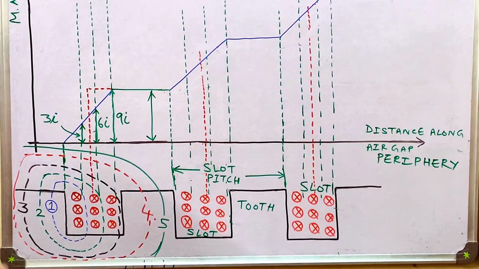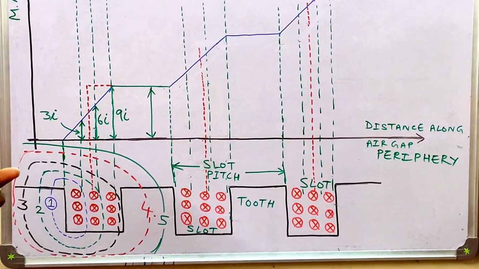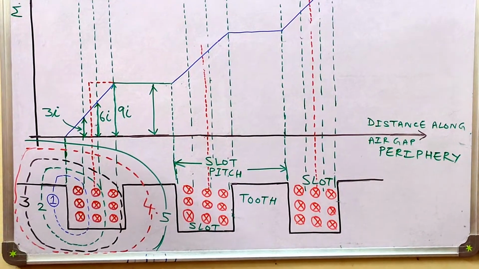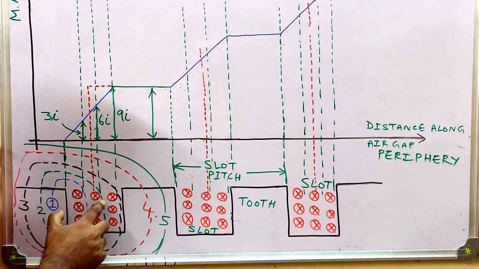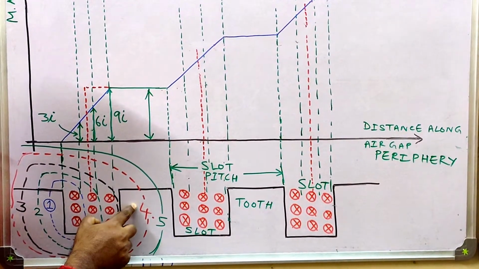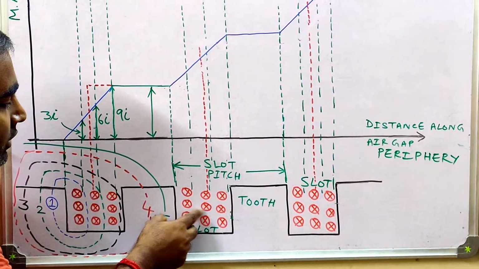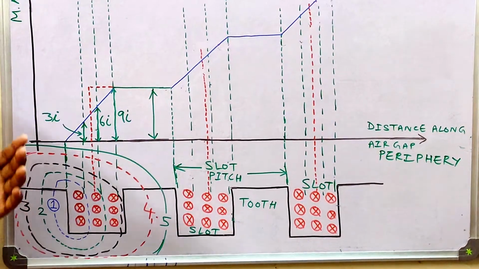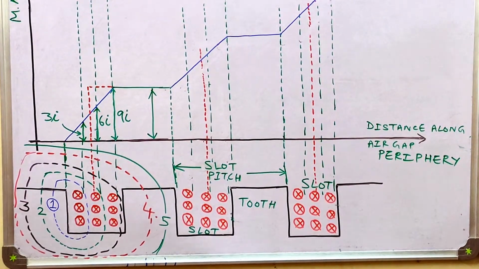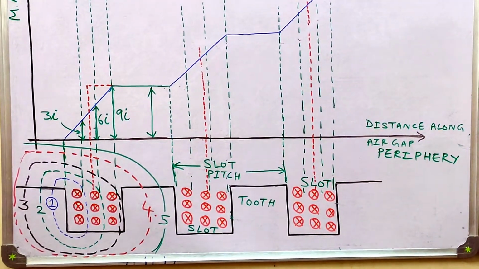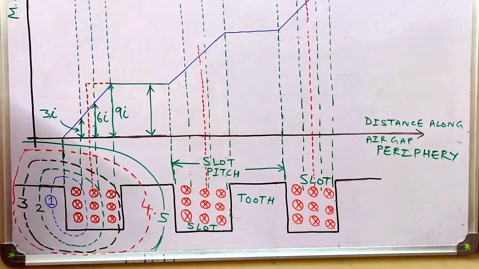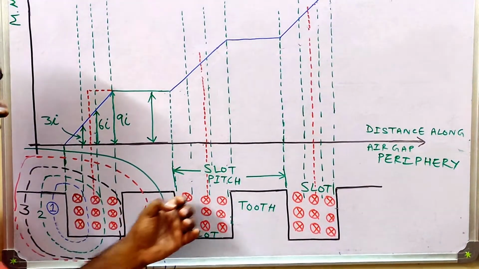But if an observer moves along that air gap periphery, he will see that he is encountering a slot of the rotor, then a tooth of the rotor, again a slot of the rotor, again a tooth of the rotor. So the observer moving along the air gap periphery between the stator core and rotor core will see alternately slot and teeth, slot and teeth.